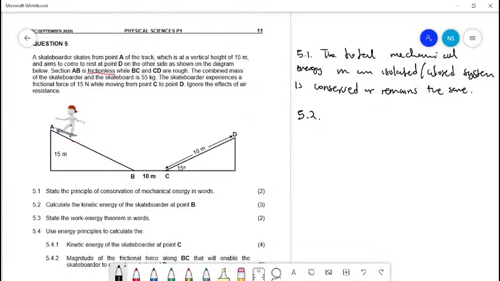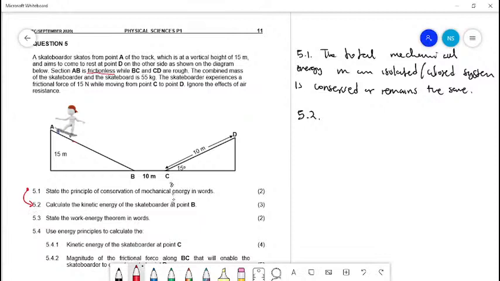That is not always the case. You need to analyze. In question 5, and especially in work, energy and power, usually the law that you state is the law that you apply in the next question, right?